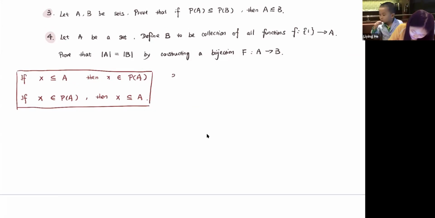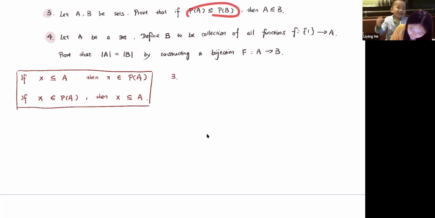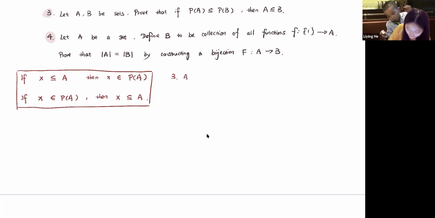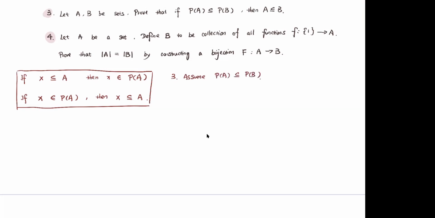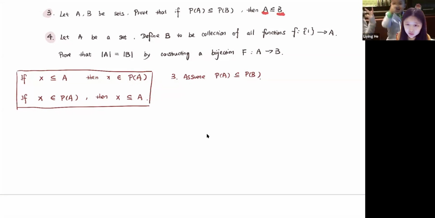Question 3. We have the power set of A is a subset of the power set of B. So let's assume that the power set of A is a subset of the power set of B. What we need to show is that A is a subset of B. Since we want to show this, remember how we show this? We pick an arbitrary element.